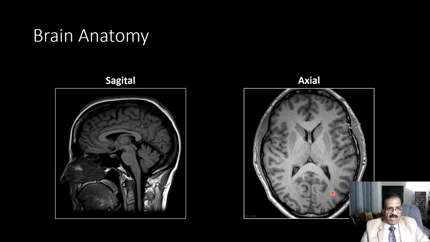So interesting. I think you can appreciate the normal anatomy. If you do not know the normal anatomy of brain, I think one way to learn is to read a normal MRI.